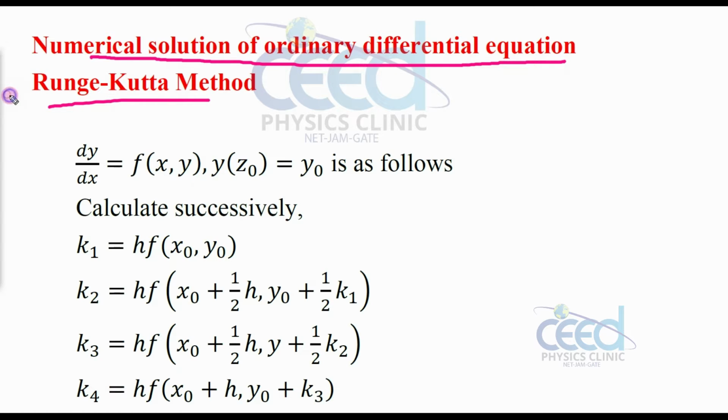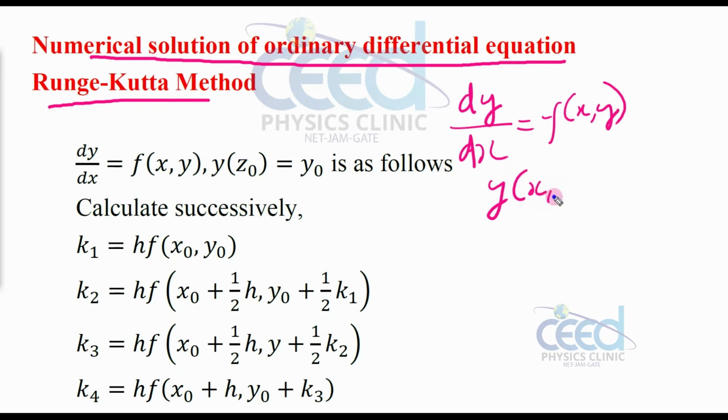what we have is a differential equation like dy by dx equal to some f of x, y. So it's a function of x and y. We call it dy by dx is equal to f of x, y, and you are given some value, that means y of x0 is equal to some y0, and you are asked to find y of x1 or x2 or something, or y of x.